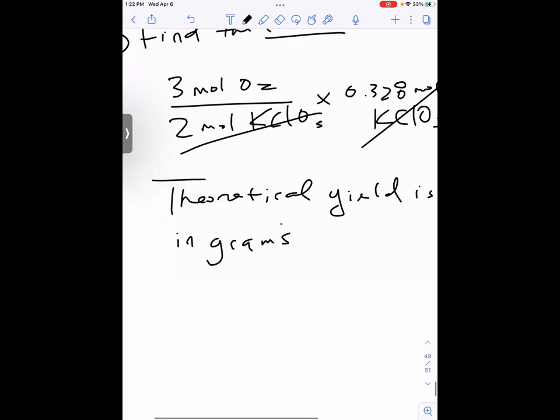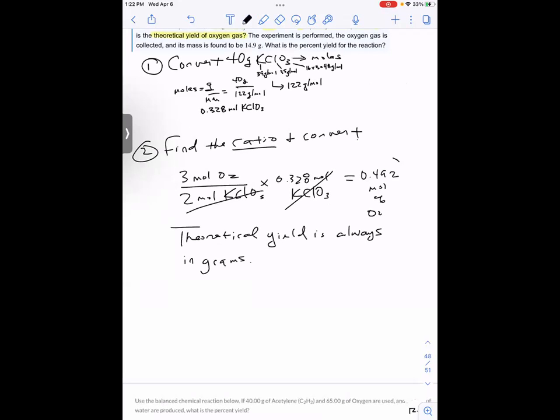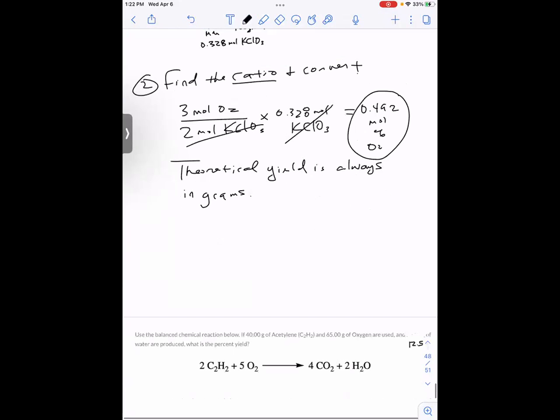Right? That's always in grams. All right. So now what do we need to do? We have moles of oxygen, but if we want the theoretical yield, that needs to be in grams of oxygen. Right. So we're going to take that number and convert it.